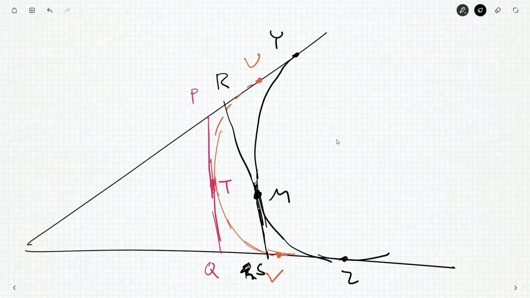But so this is tricky. What can we say? I might not even have the pictures drawn properly. In fact, I can't have the pictures drawn properly, because PQ shouldn't be able to pass through M at this point. Not only that, there should be an M and an N that it passes through. And yet I'm not seeing that on my picture.